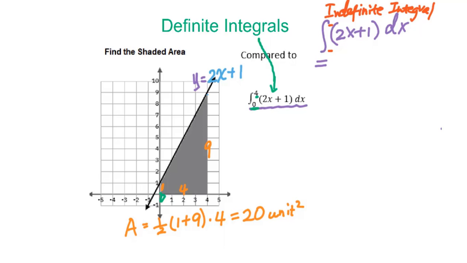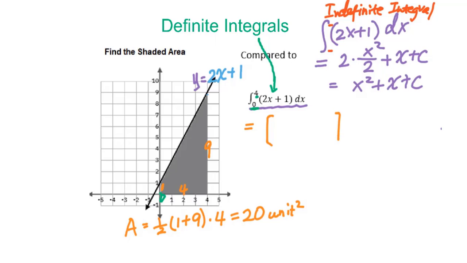Think about the indefinite integral. We did 2 times x squared over 2 plus x plus c, so that you get x squared plus x plus c. Now, we will do exactly the same thing, but we don't need a c. When we do the subtraction, c is gone.